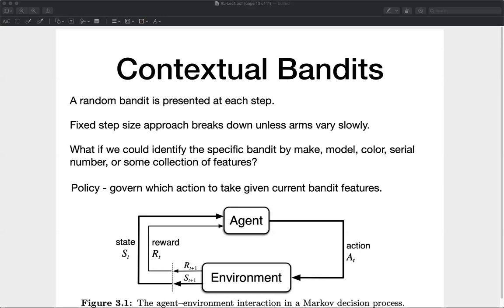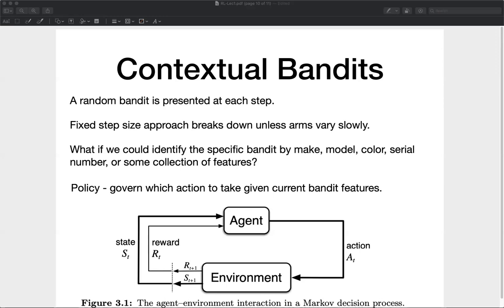But in this scenario, since the returns can vary wildly, there's no reason to believe that the return of the first arm in one slot machine has anything to do with the return of the first arm in another slot machine. This fixed step size, this moving target approach isn't going to help you unless they're correlated, unless, like I said, they vary smoothly, right?